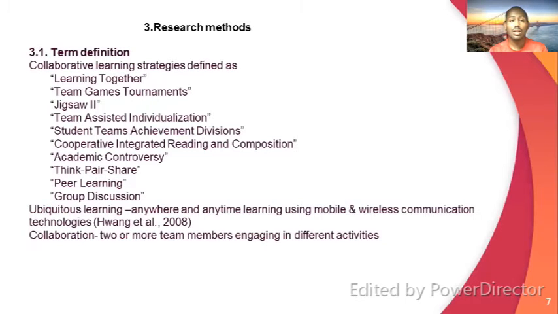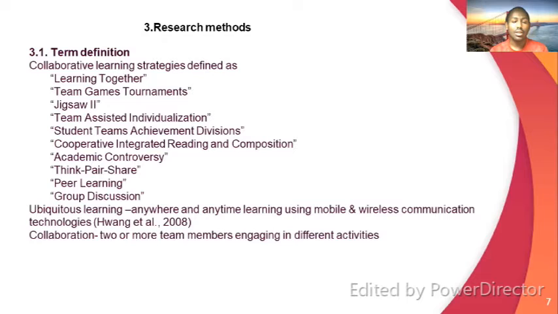Research method, term definitions. Collaborative learning strategies can be defined as learning together, team games tournament, jigsaw, team-assisted individualization, student team achievement division, cooperative integrated reading and composition, academic controversy, think-pair-share, peer learning, and group discussions.